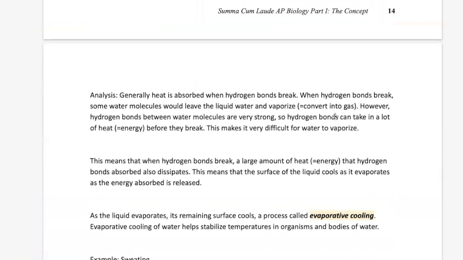So water has a strong hydrogen bond. In a liquid structure, these hydrogen bonds are being held very tightly. But let's say we're trying to boil water to make it into a gas.